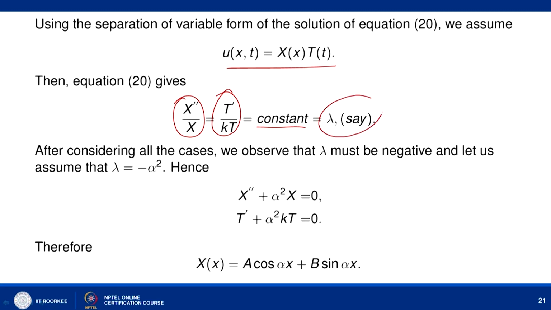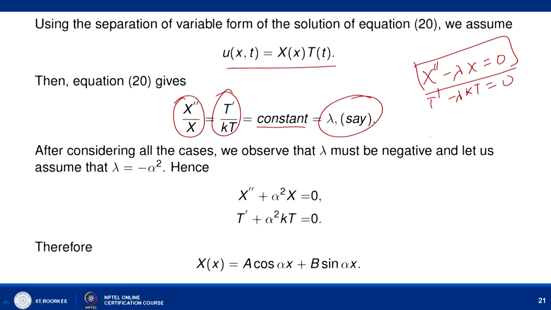This constant lambda may take positive, negative or 0 value, but we have already considered this kind of problem: X double dash minus lambda X equal to 0 and T dash minus lambda kT equal to 0, and we have already considered the different cases.